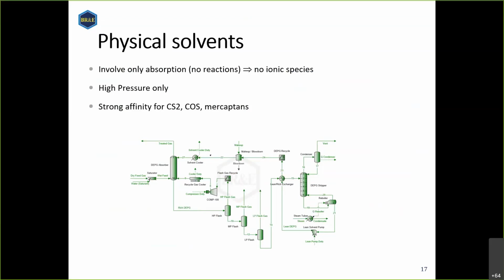And so with DEPG, we have this high pressure flash, and that's going to help us recover some of those heavy hydrocarbons that absorbed. Basically, we want to balance capturing CO2 versus having this kind of high pressure regenerative flash that releases some of the hydrocarbons. So we'll take a look at that in a minute in an actual simulation.